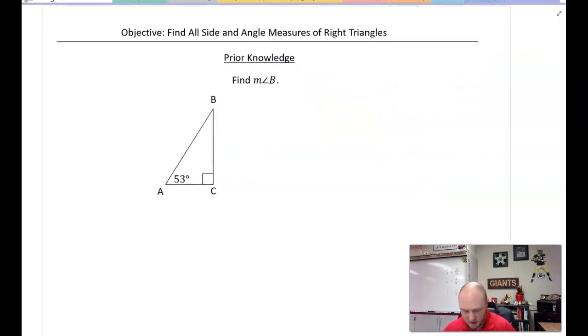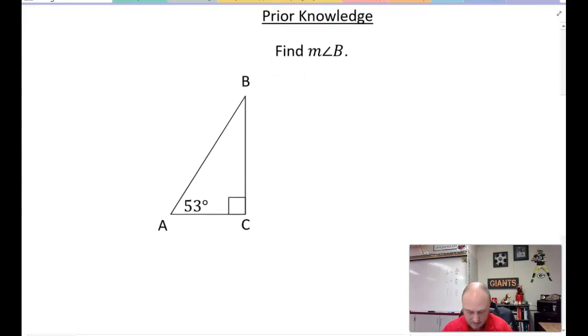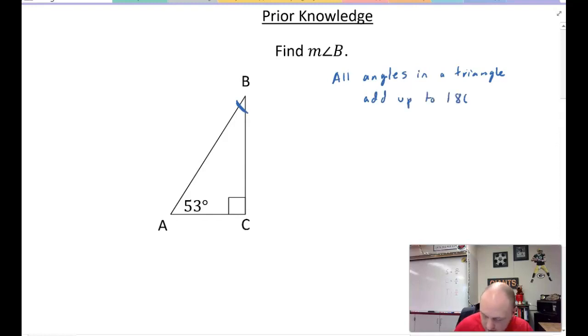Okay, next prior knowledge. Now we want to find the measurement of angle B. Okay, and angle B is right here. And I'm told that angle A is 53 degrees. Well, I know that all angles in a triangle add up to 180 degrees.